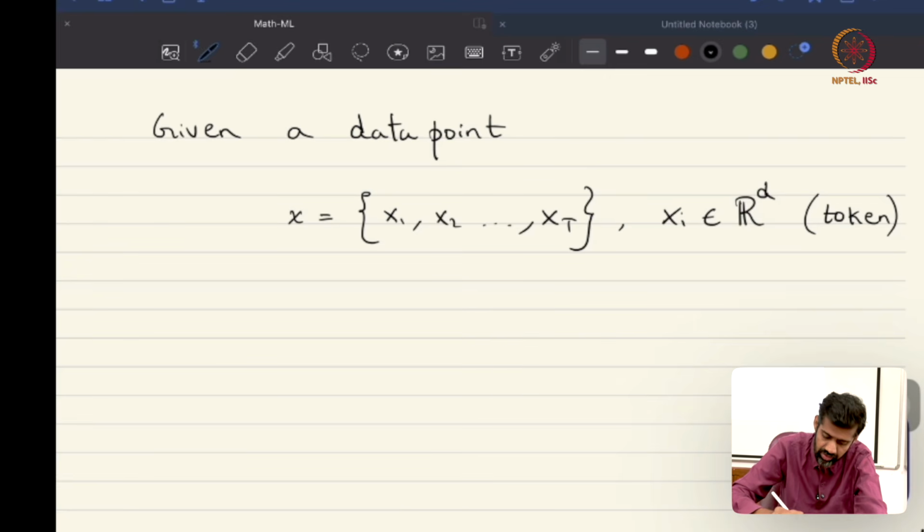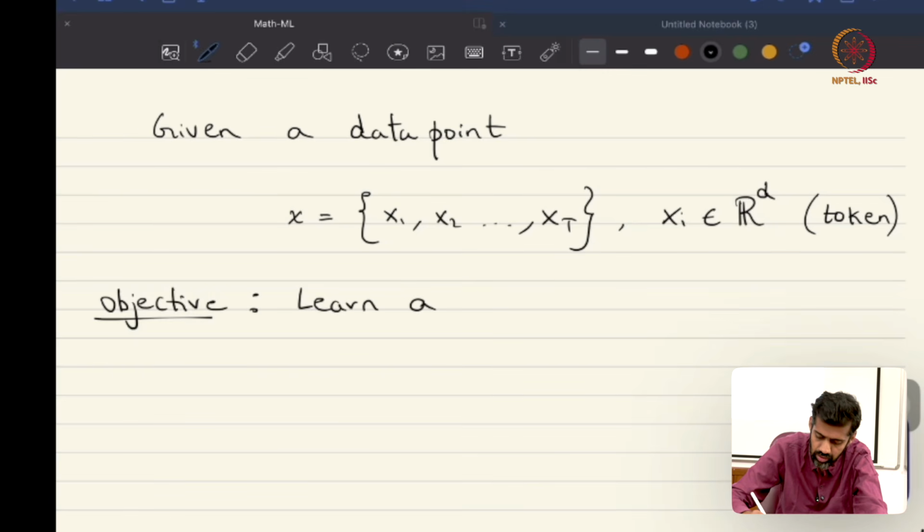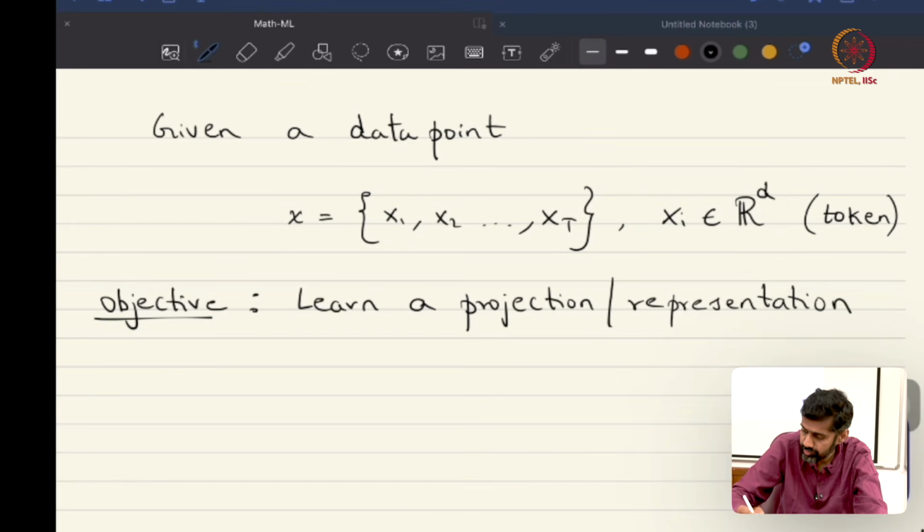Now, the objective is to learn a projection or representation that encodes the interaction between the tokens.